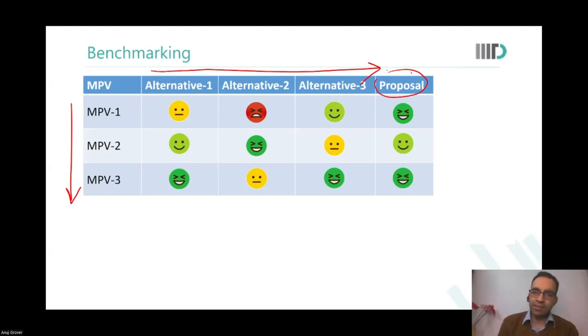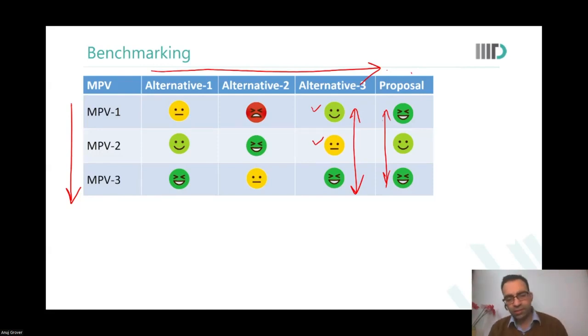Do you realize that if I look at it, then this particular solution, my proposal, is just an incremental improvement over alternative 3. If I could improve this and these features of alternative 3 a bit, I could arrive at my solution. Are you able to see this?